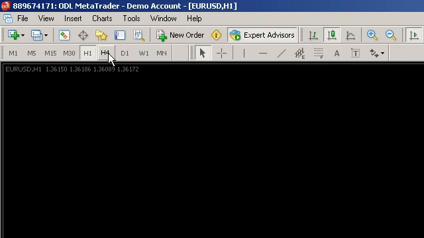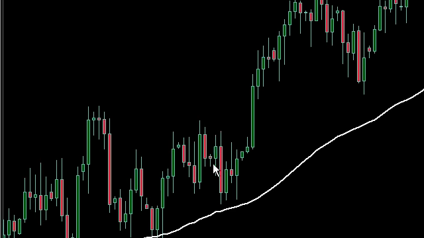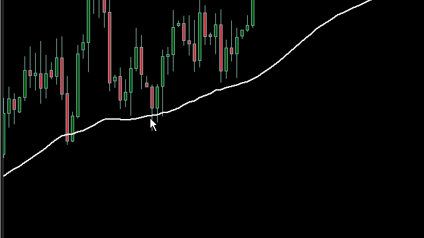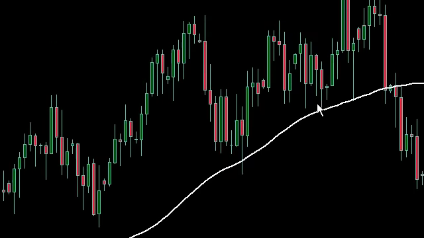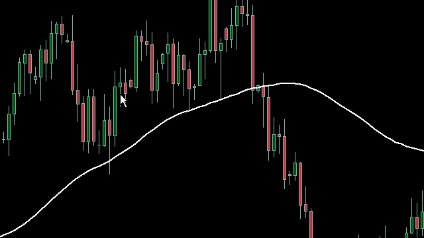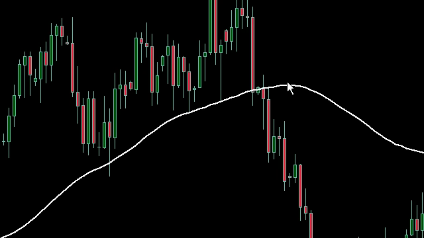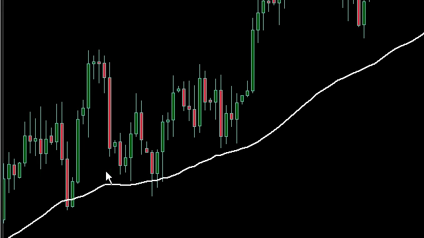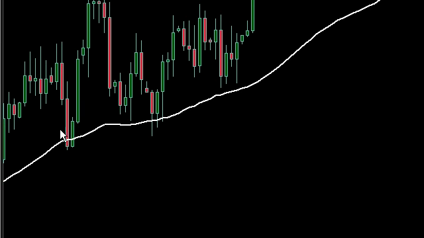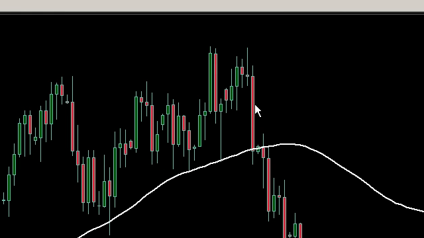Typically, I'll look at all the time frames, but if we look at the 60 period moving average, what you can see is that price tends to respect this moving average. In fact, to be honest, just about any moving average you put on a chart, you could probably follow a line and see where price bounces off it. But I like to think that maybe the 60 moving average is a good one for that happening. So with the 60 moving average, if we had to trade away from this, in other words, long all the way up to here, we would have made some serious money.